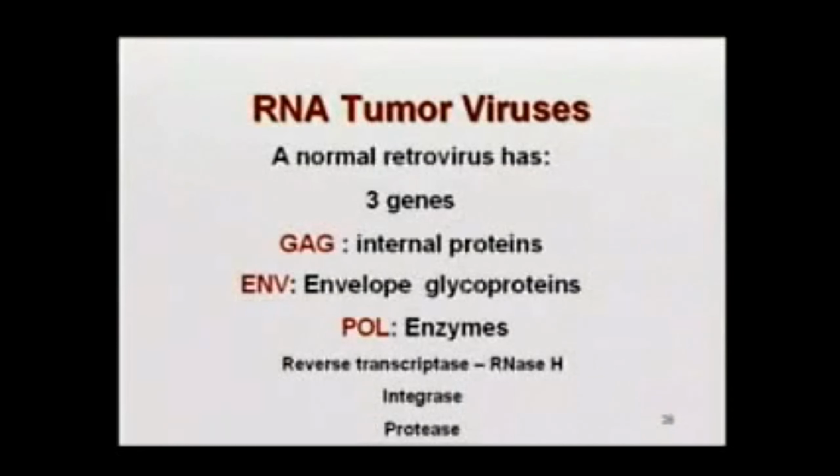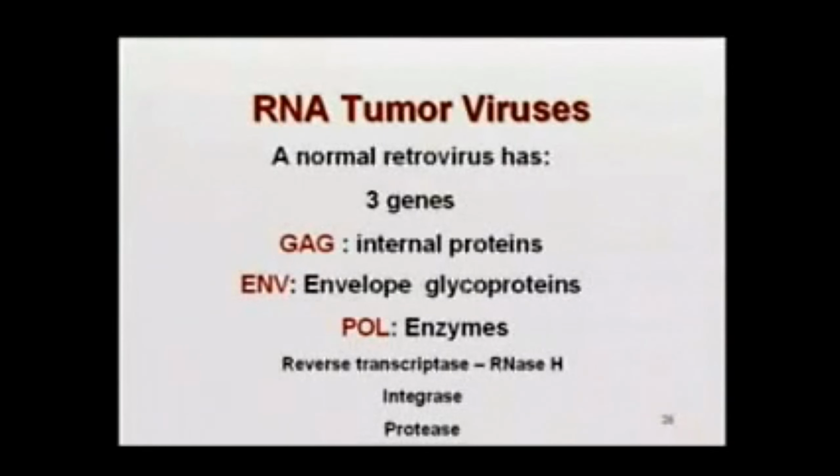So you get one primary translation product from the GAG, one primary translation product from the pol, and then this protease cuts it up. Now, the envelope glycoprotein also has to be cut up, because there's only one primary translation product. That goes via the endoplasmic reticulum, and it's cut up by a Golgi body, host-provided protease.